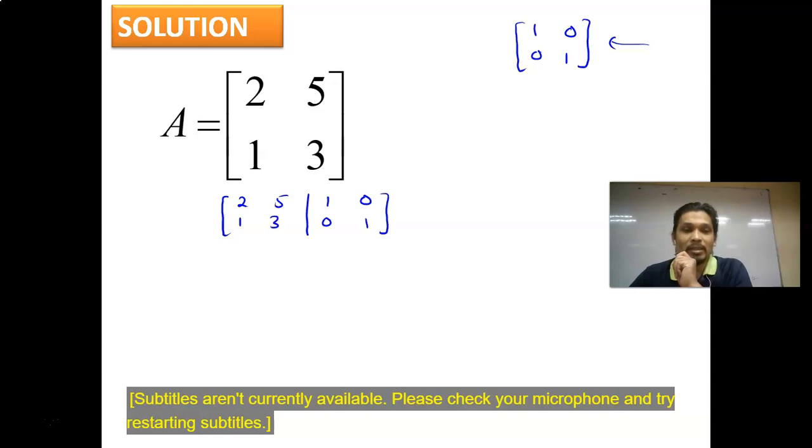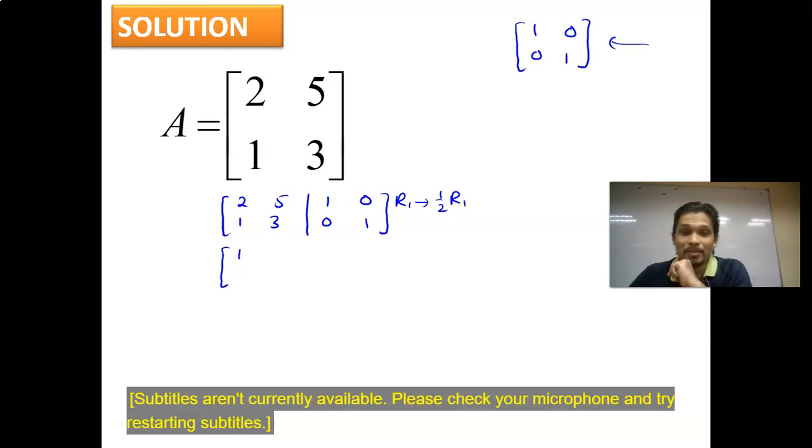Targeting this one here, the new R1 is 1 over 2 multiplied by R1. Why? 1 over 2 multiplied with 2 gives you 1.